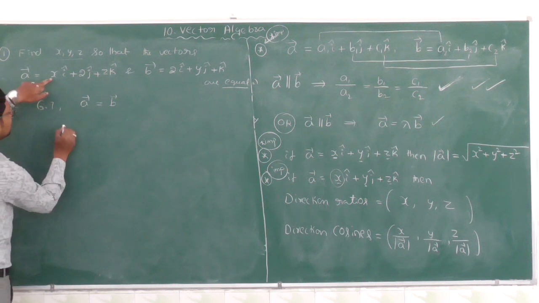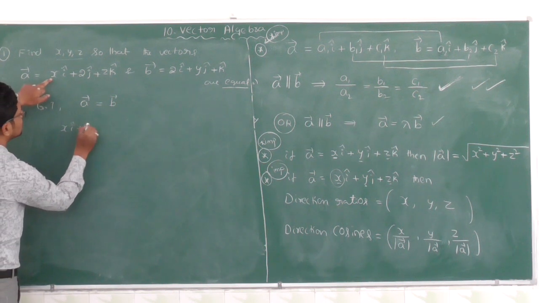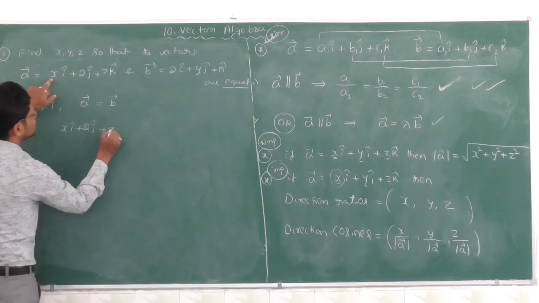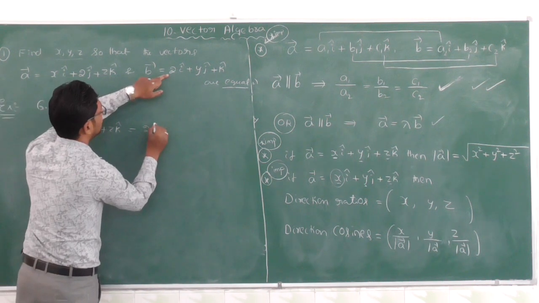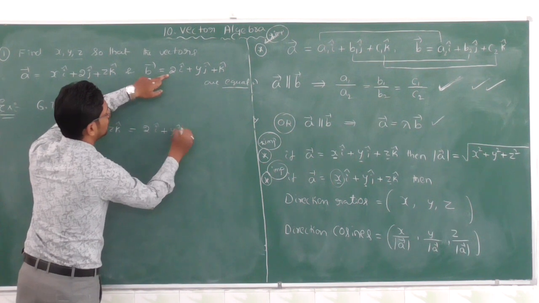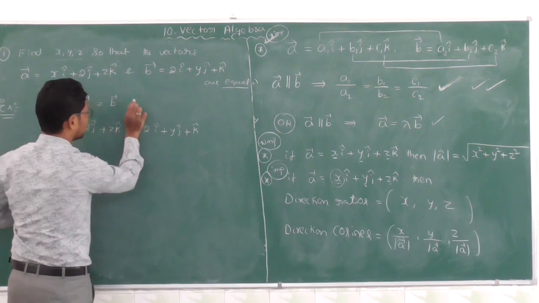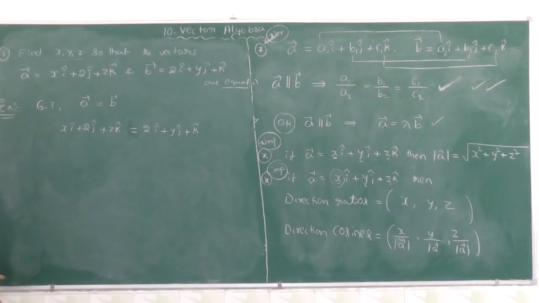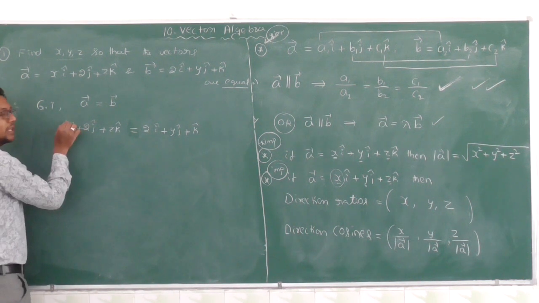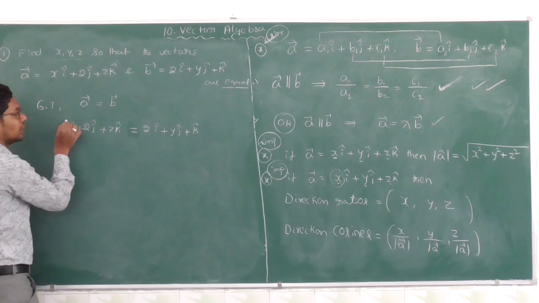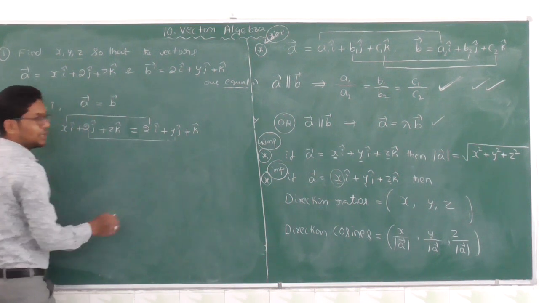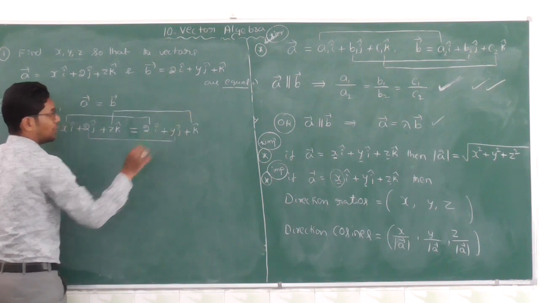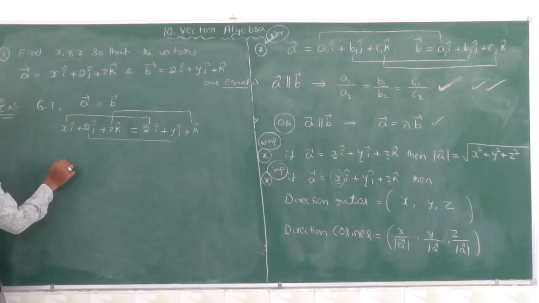Then A vector xi plus 2j plus zk equals B vector 2i plus yj plus k. If the two vectors are equal, then the corresponding components are equal: i components are equal, j components are equal, k components are equal.